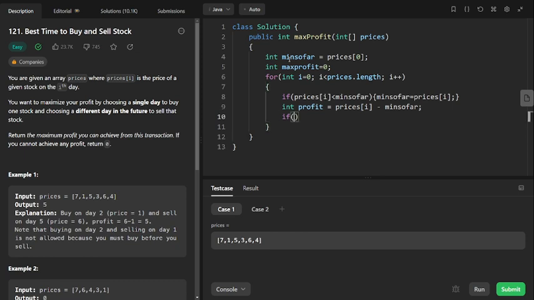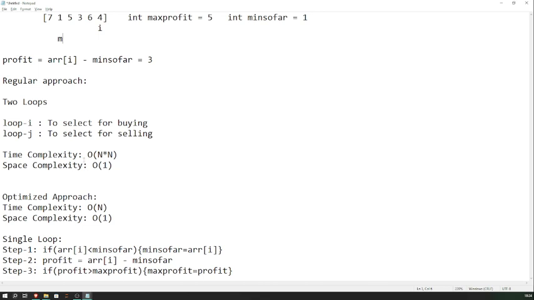And lastly, if profit is greater than max profit, then max profit is equal to profit, basically updating the profit, and then at the end we will return max profit. Simple. Nothing tough as such. So it's simple, we have followed all our simple steps.